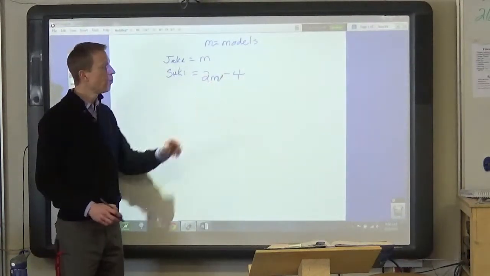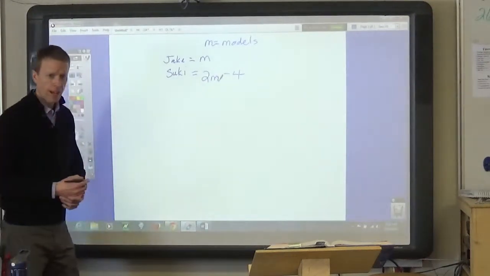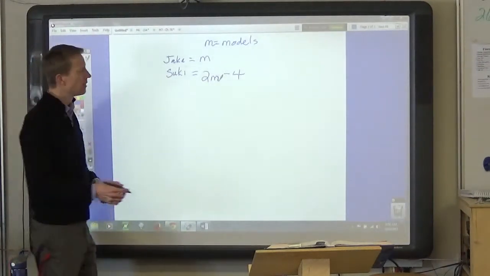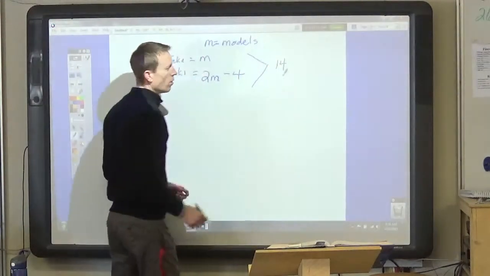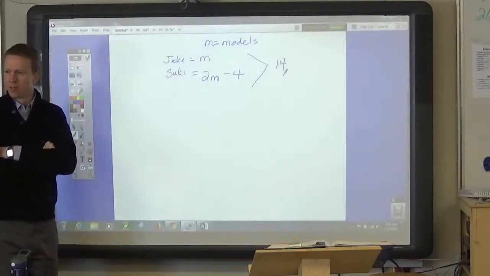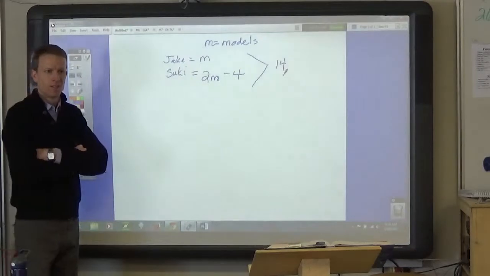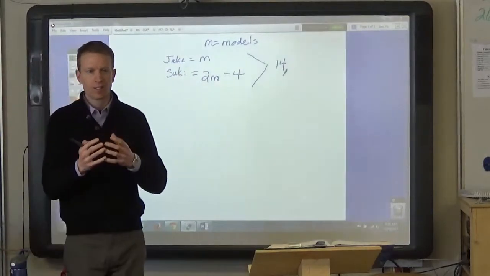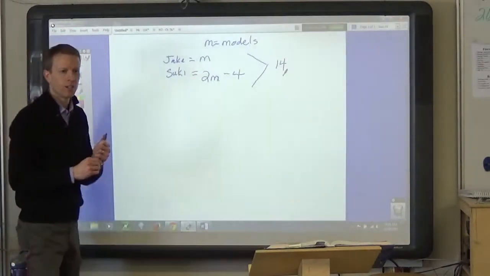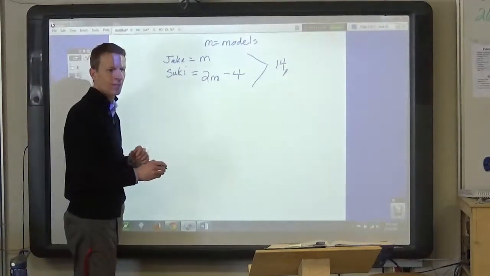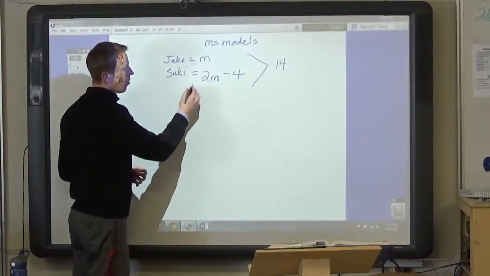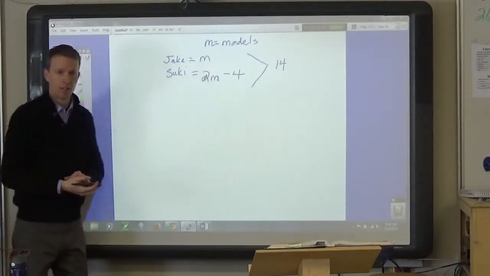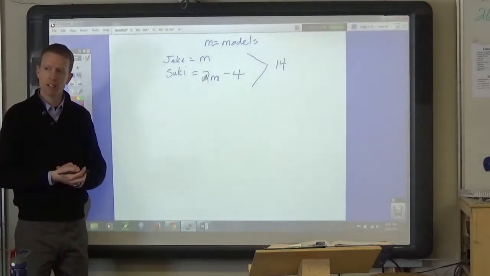Now, how would we find how many they have? If it says that between the 2 of them, they have 14. The sum is 14, right? So, Joey? Okay, use the model. The model can help us then, and that can help us to write this equation.